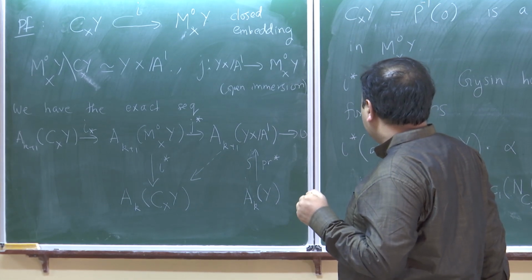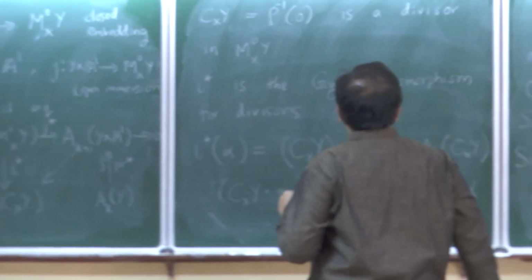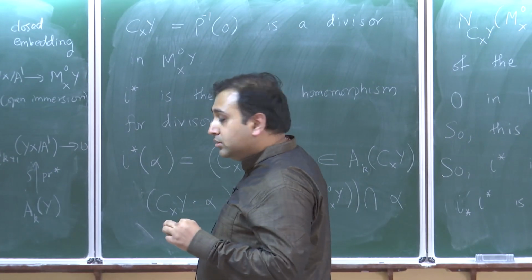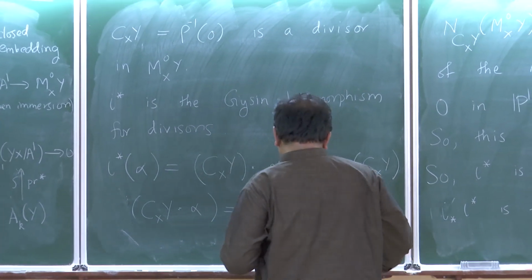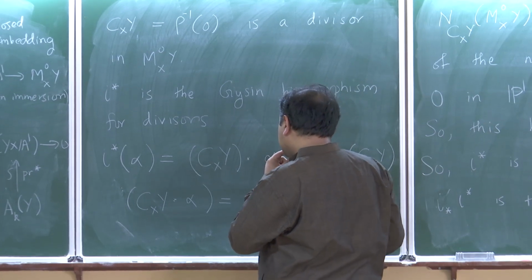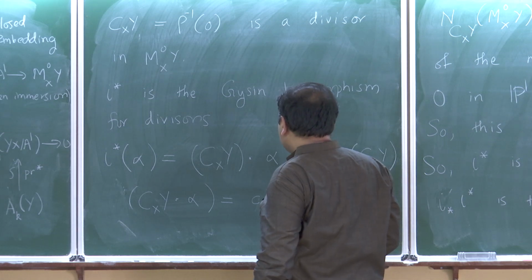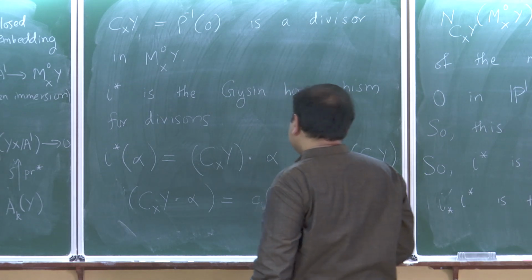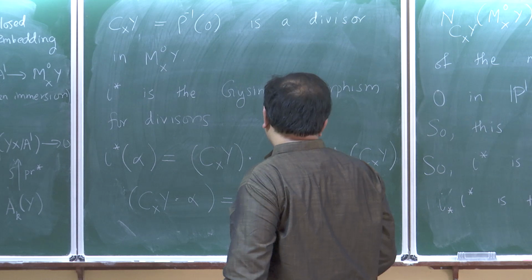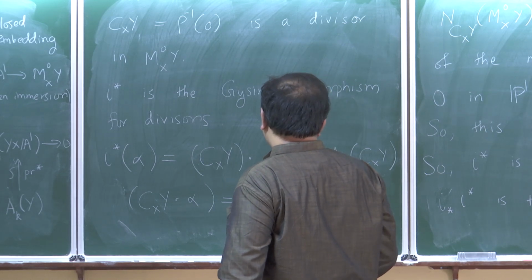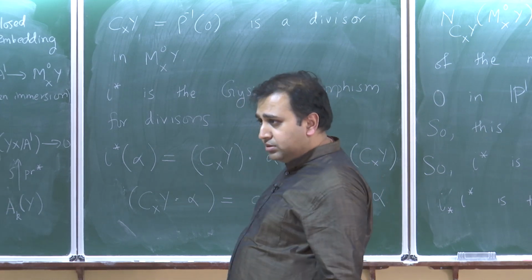Why is the normal bundle trivial? You have written it at the bottom. So d dot alpha was defined as: take the line bundle corresponding to d and pull it back to alpha. Could you explain why the normal bundle is of that form?